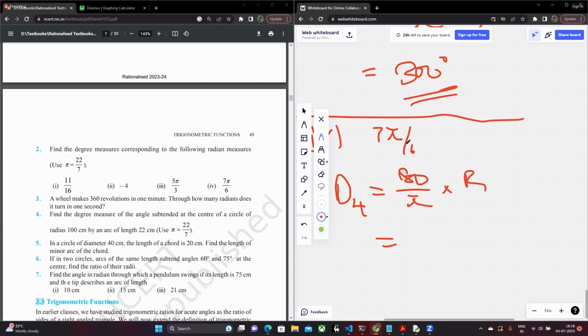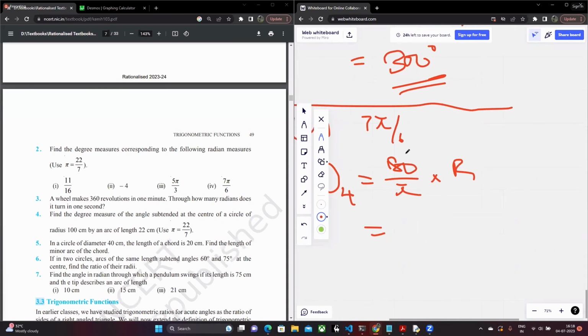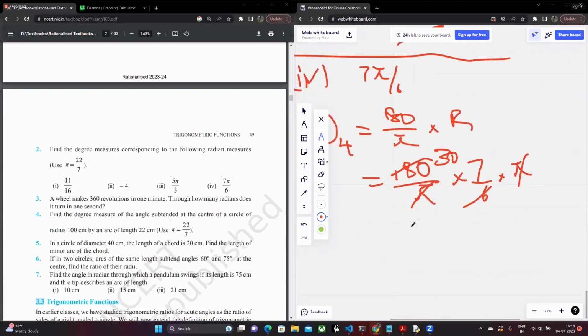If there wasn't this pi, then I would have gone with 630 by 11, that is basically 180 by pi, where pi is substituted to 22 by 7. And so this is going to be 180 divided by pi into 7 by 6 into pi. Pi and pi cancel out. 6 goes with 30. And so you have D4 as 210 degrees, because 30 into 7 is 210.